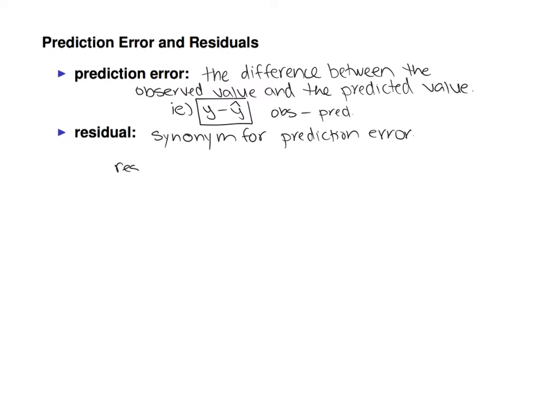So residual is equal to y minus y hat. You actually can't abbreviate residual by R because R actually means something else in statistics. So you just have to spell out residual, or you can write resid.